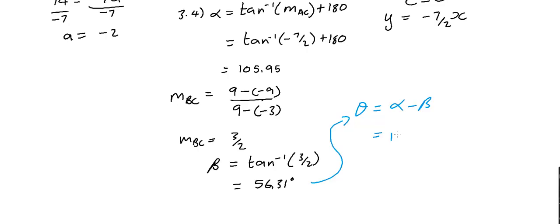It makes sense. Alpha is a bigger number, it's 105.95, minus beta, which is 56.31, and then you get your answer. So it's 105 point minus 56 point, and that is your 49.64.